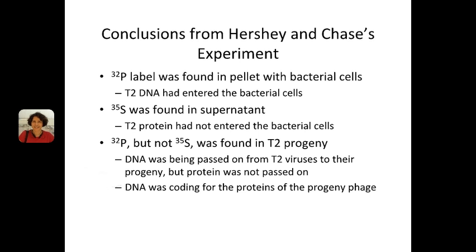Since no protein had entered the bacterial cells, in order for protein to come out of the bacterial cells during the infection, like when the bacterial cells burst and they release the new phages, that new protein had been coded by the DNA that entered the bacterial cells. So the DNA contained the genetic information that coded for those protein capsids in the progeny phage.